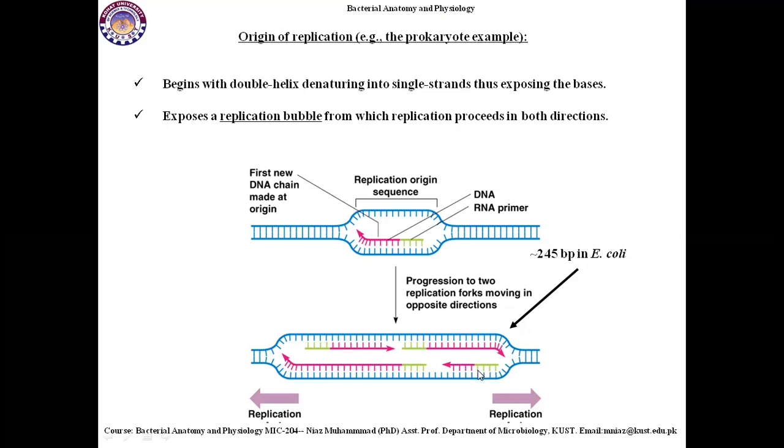RNA primer is again coming over here and synthesizing the daughter strand. It will open gradually and synthesize continuously. After some time, when there is sufficient space, RNA primer will come and make a small fragment of DNA. So replication will go in this direction and also in this direction.